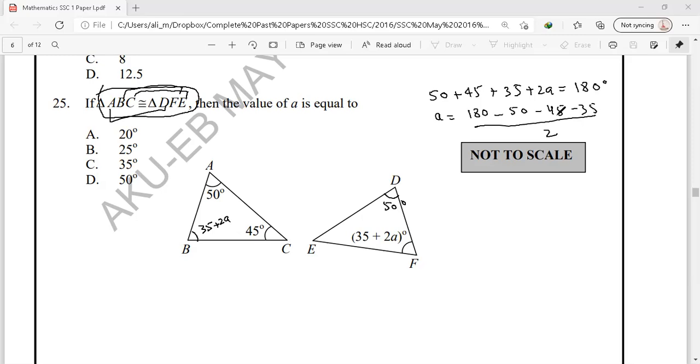By simplification of this expression, we will get our answer: A would be equal to 25. So for question number 25, the correct option we have is option B, 25 degrees.